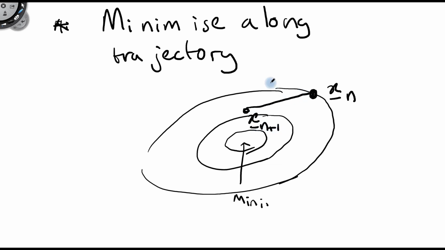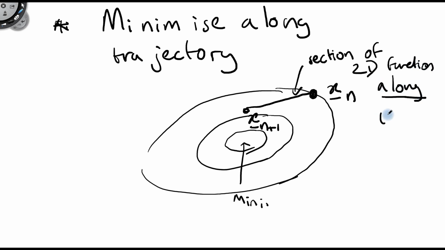You can see that we have a section of your 2D function along the trajectory.